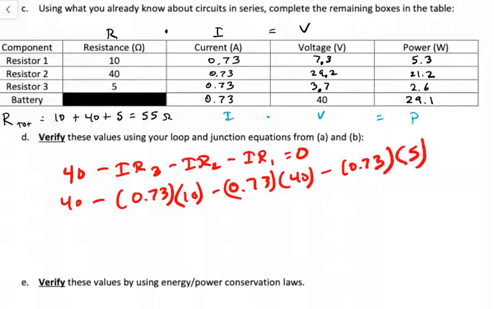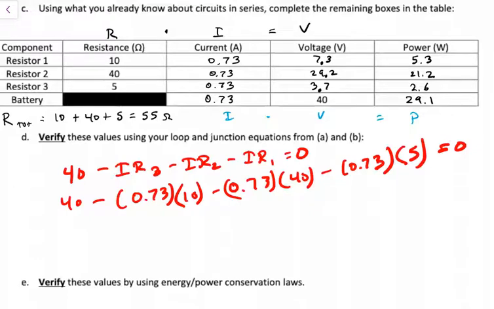You might notice as I'm writing this that this is just our voltages distributed across V3, V2, and V1. And 7.3 plus 29.2 plus 3.7 should equal 40. And so we're really just redoing that.